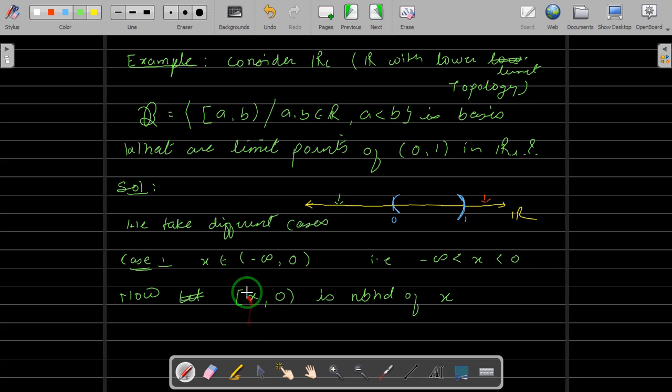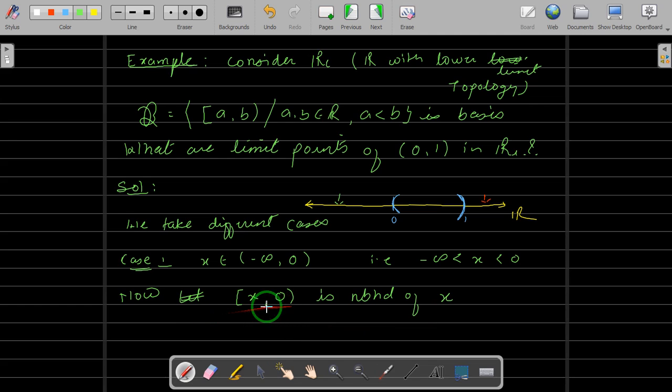This is closed, so x is included, so this is a neighborhood of x. These are the basic open sets in the lower limit topology, but this is not open in the usual or standard topology. That's why we have written the derived set with the suffix x.